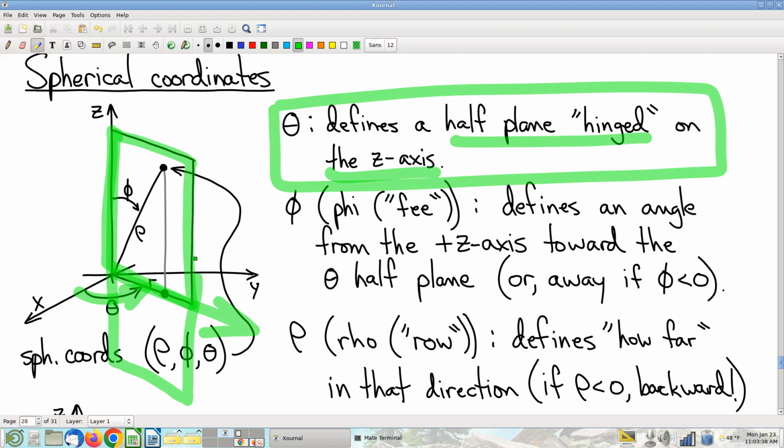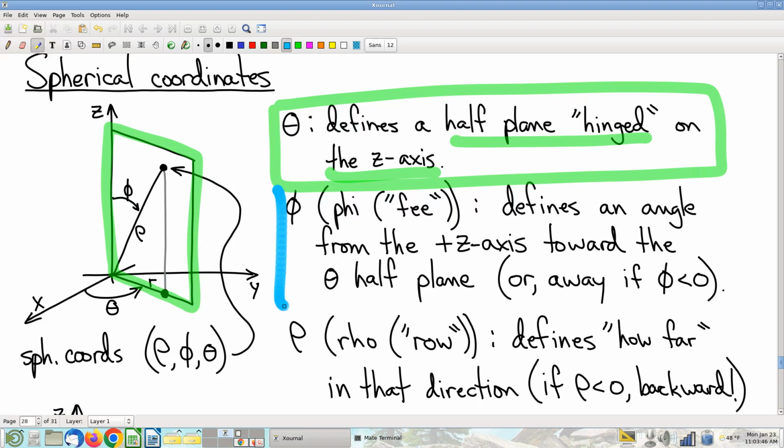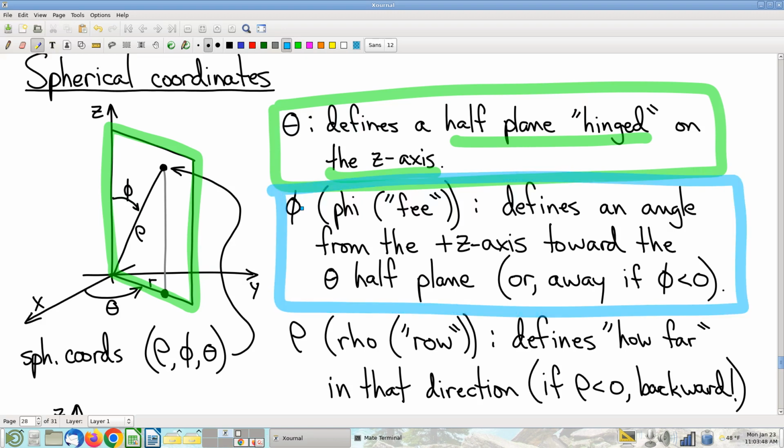Okay. Now, within that half plane, I'm going to talk now about this angle called phi, which tragically is written in a way that's not that different from theta, which leads to all sorts of confusion. I don't know why they made that choice, but it's extremely standard. So we're kind of stuck with it.